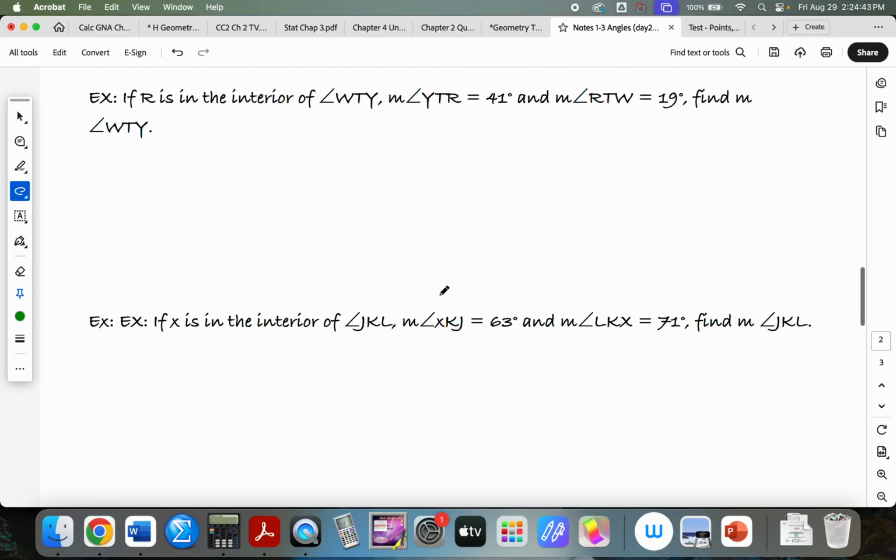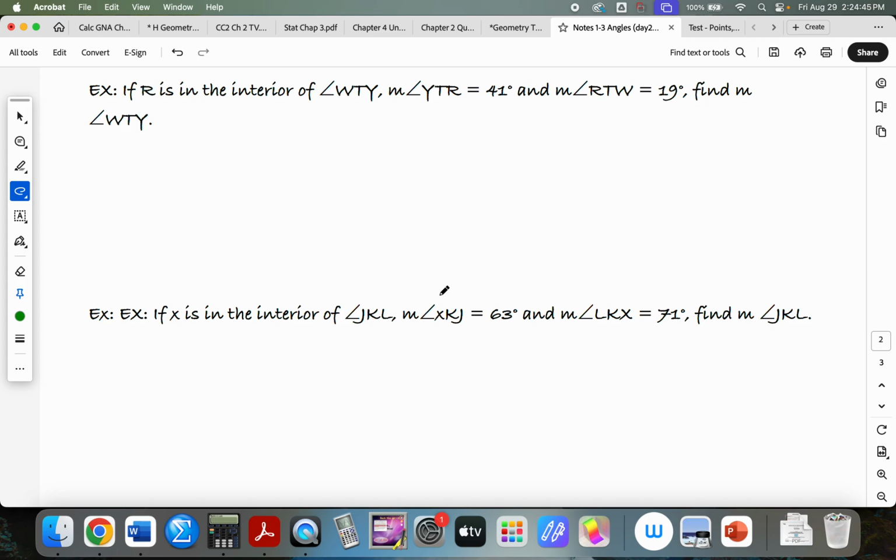All right, let's do this one together. It says R is in the interior of angle WTY. Which point is the vertex of that angle? T. W is on one side and Y is on the other.